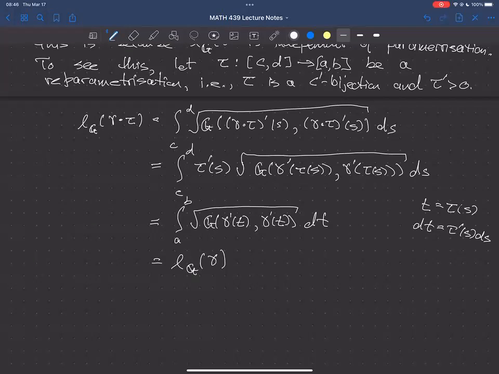So the length of a curve does not depend on its parameterization. This is not true for the kinetic energy. Let me write down exactly what I mean by that.